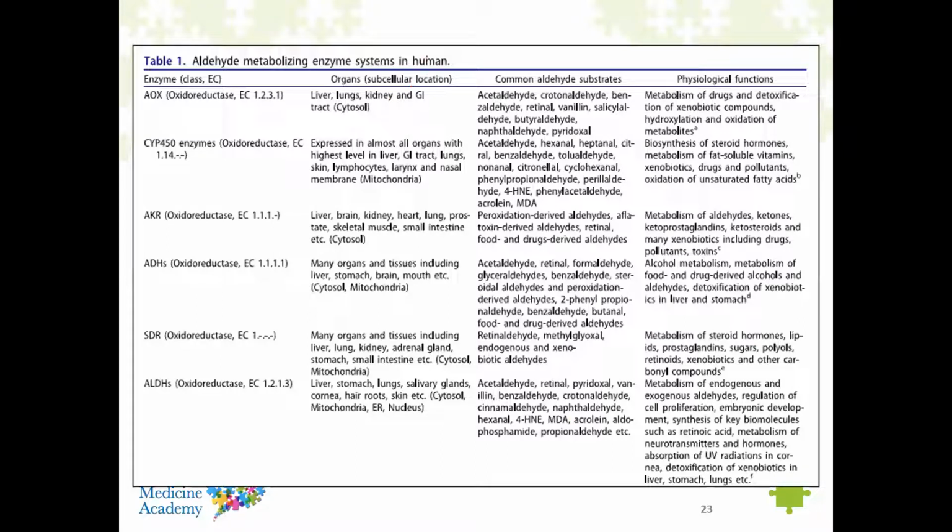And there's many different types of enzymes that exist in the P450 system of phase 1 detox. And there's different types of enzymes that deal with these aldehydes. Okay, this particular one called oxoreductase helps to break down acetaldehyde and other types of aldehydes, formaldehyde, for example.